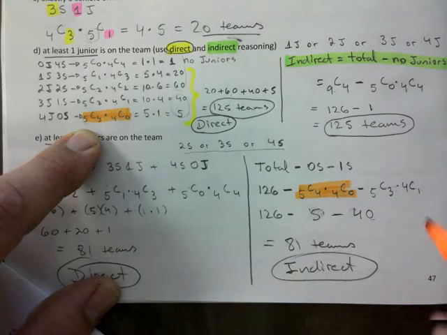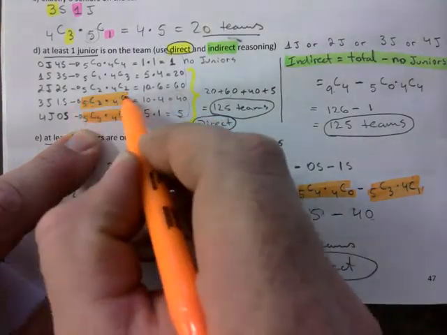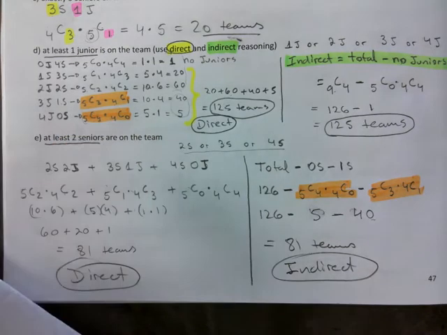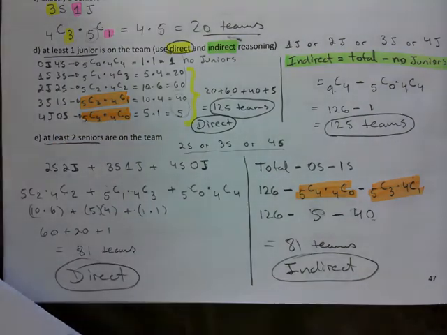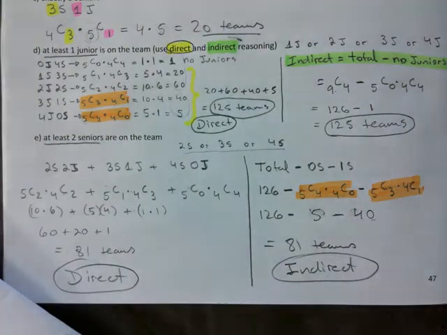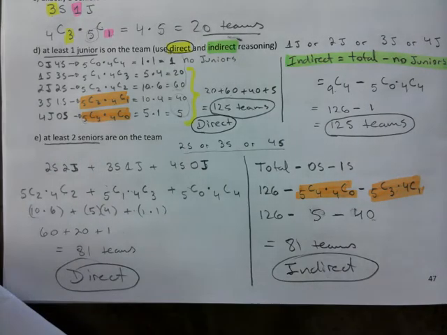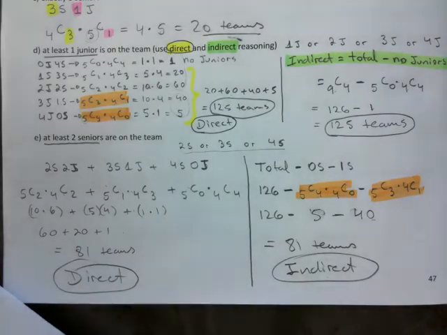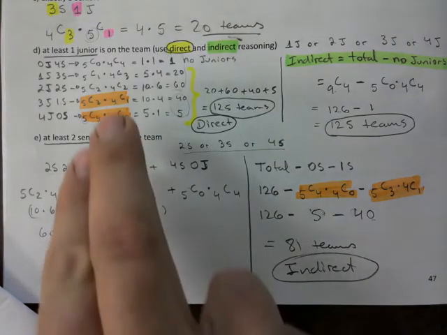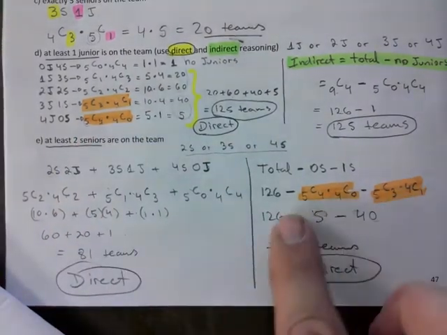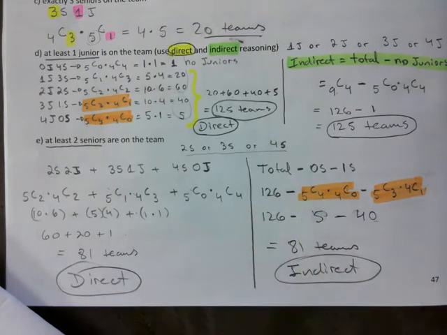And this one here, I got it from here. So if you don't want to do this, just leave it. I think that's all I'm going to do, or else it'll get too crazy. But I grabbed these two here and subtracted them from the total to get my indirect.